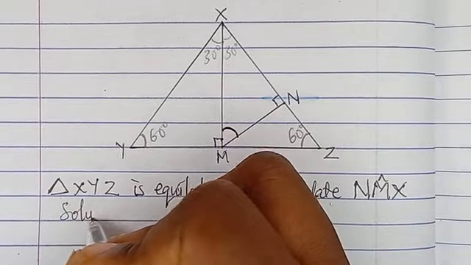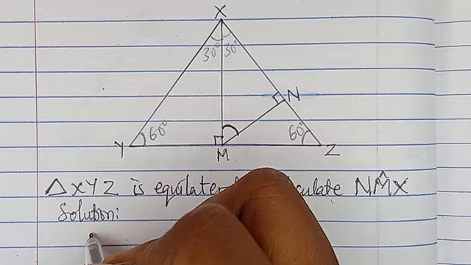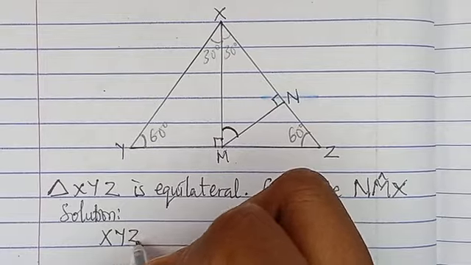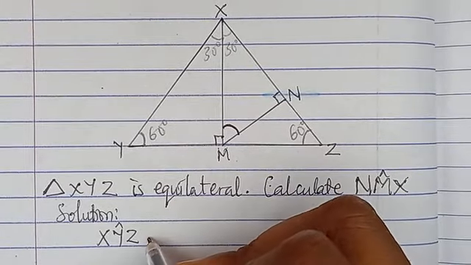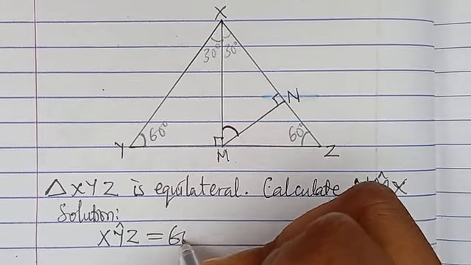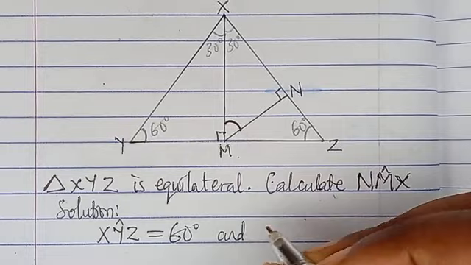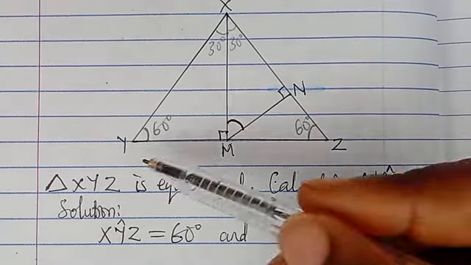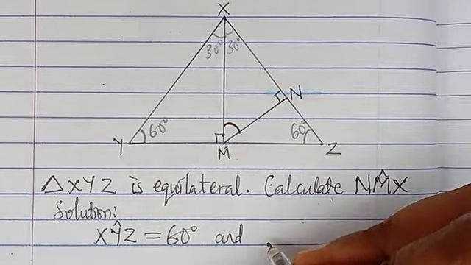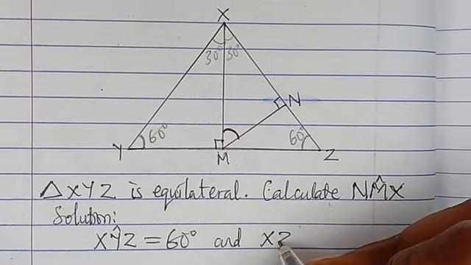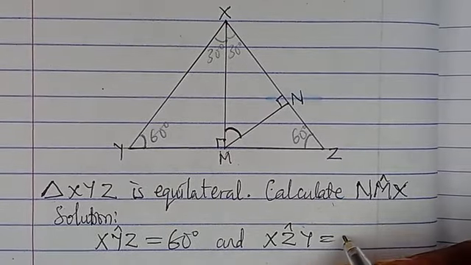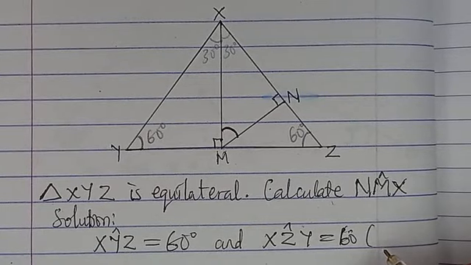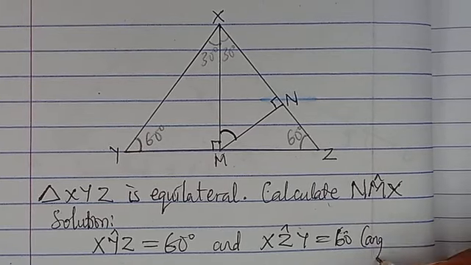So solution: we have that angle XYZ is equal to 60 degrees, and angle XZY, or YZX, whichever way, I'll say XZY, is equal to 60 degrees. And the reason is angles in an equilateral triangle.